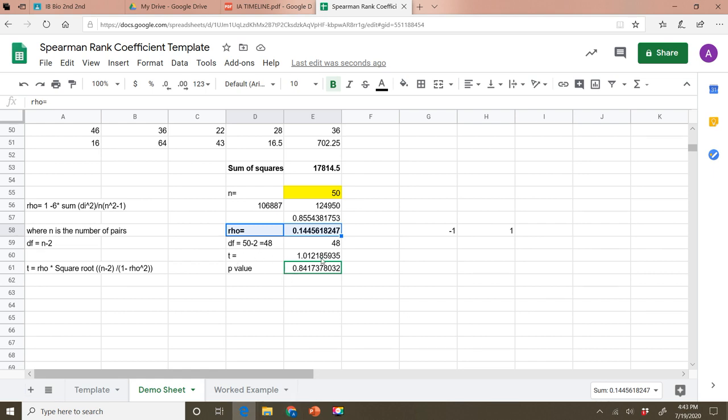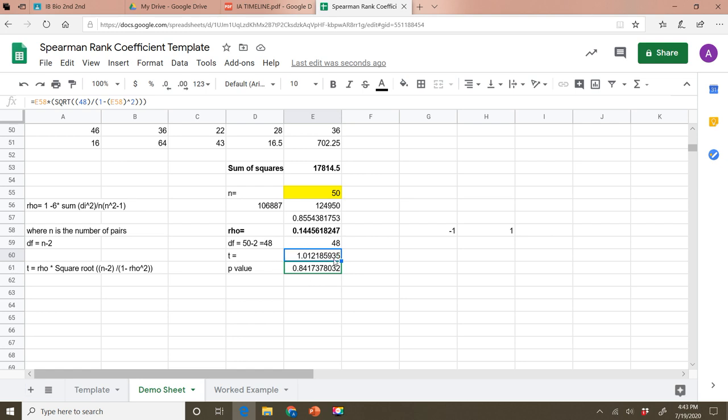So to calculate your t-statistic, I just have, this is the exact same equation. So it's rho times the square root of your n minus 2, which remember n is 50, so n minus 2 is 48. But if your pairs are different, you're going to have to adjust these numbers. And so that's going to be divided by 1 minus rho squared.